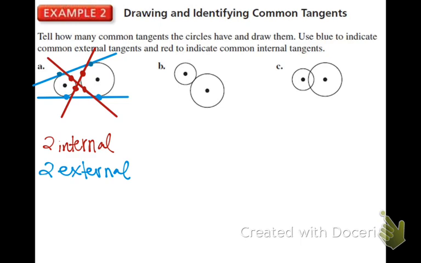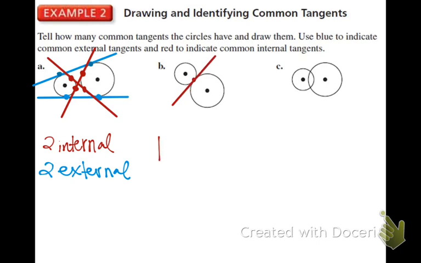So this is the same pattern. If you see any two circles that are not connected, this is going to be the answer. Two external, two internal. Letter B, they intersect at how many points? 1. So can you draw a line through 1 point? Yes, you can. That's called a tangent.